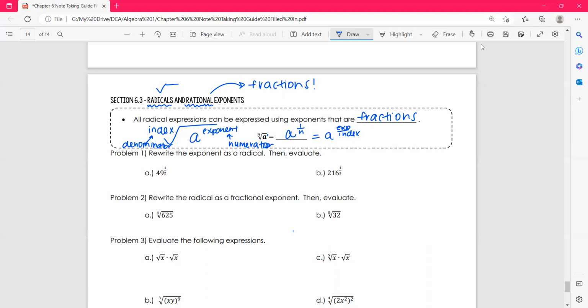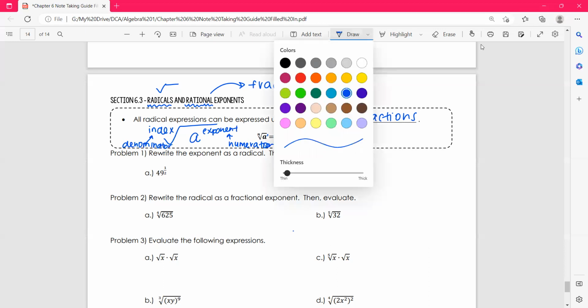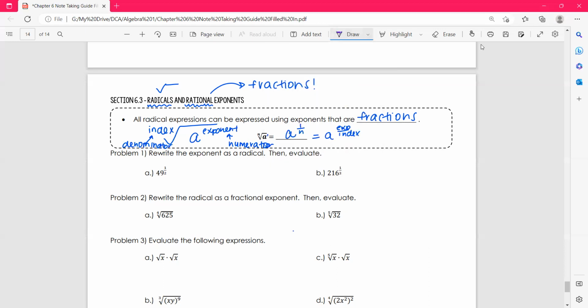So let's practice. It says 49 to the 1/2. Now, I have no idea what 49 to the 1/2 is, okay? But if I rewrite it as a square root or a radical, then I might be able to evaluate it. So 49 to the 1/2, notice what we have to do. We're going to make a radical. That number stays the same. So now remember what we said.